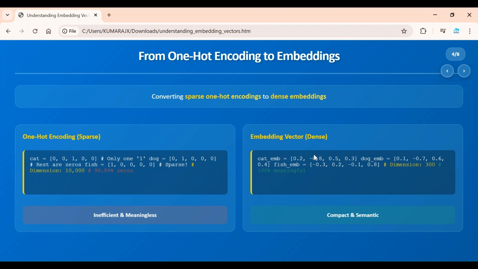Notice how the cat and the dog have similar embedding numbers, while the fish has a different one. So the embedding has essentially learned the relationships. This transformation from 10,000 dimensions to 300 dimensions while keeping all the important information is what makes the embedding a magic.